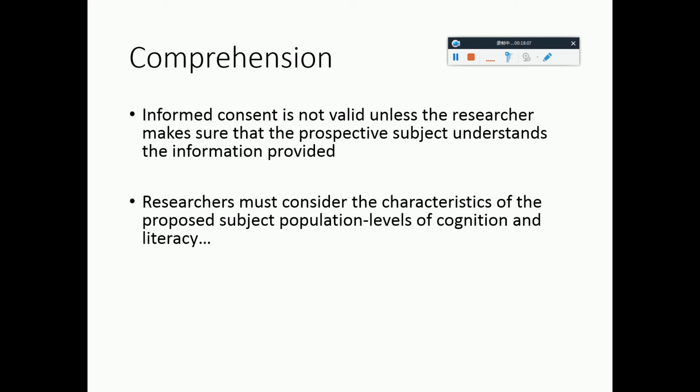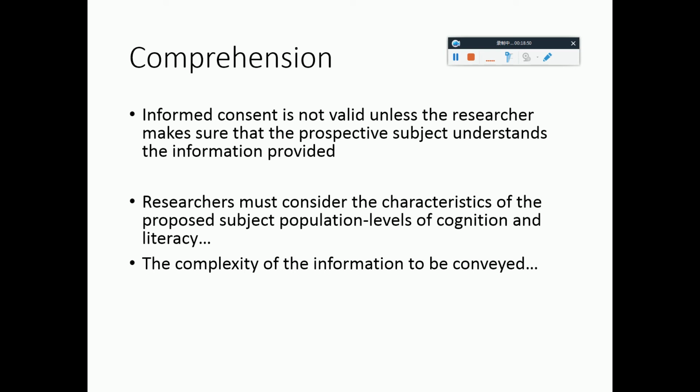For example, if you were planning to study homeless people on this island, you can expect them to understand English, but you cannot expect them to understand very scientific jargon, and you cannot write your informed consent in very long sentences. In other words, you must adapt your informed consent to the anticipated level of comprehension of your prospective subject pools.